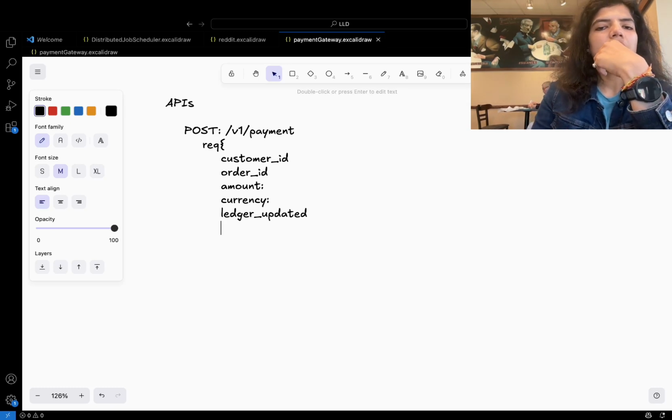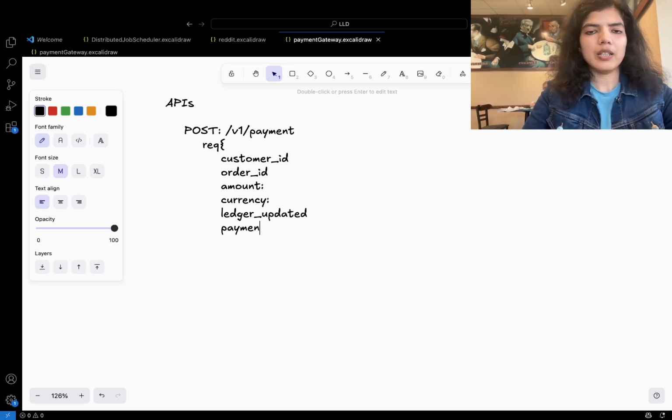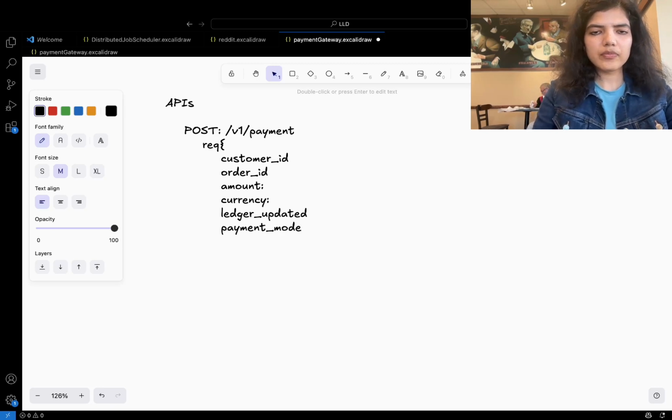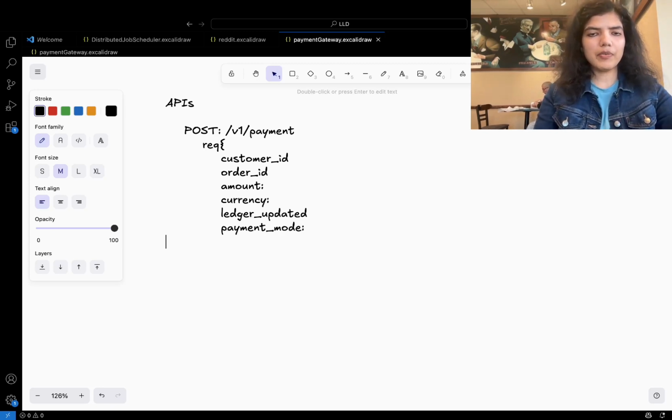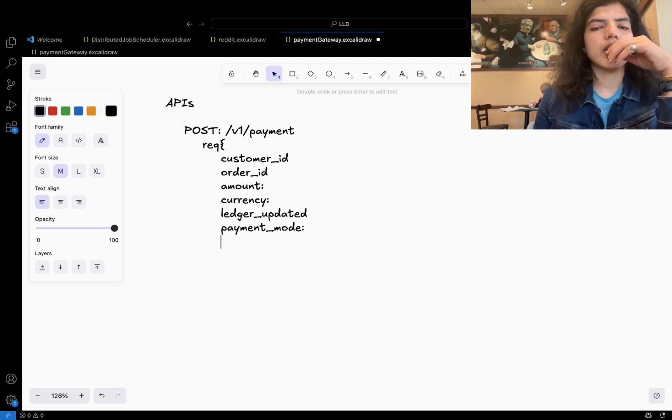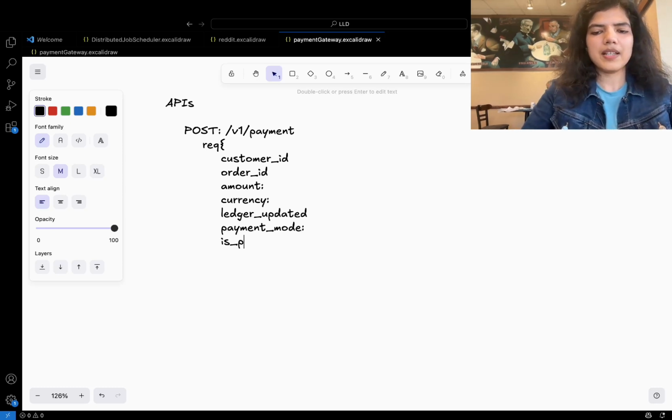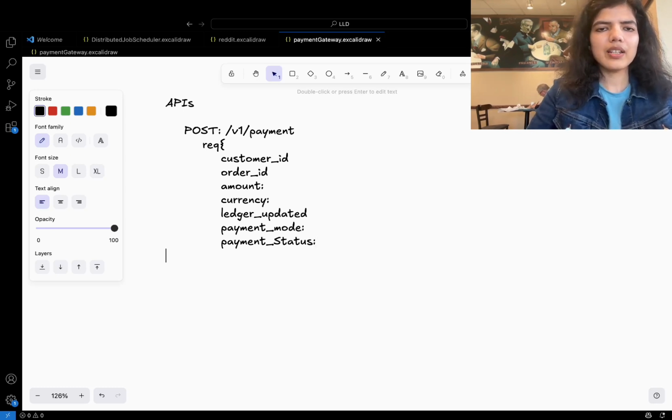Other than that, do we want to include anything else? One thing would be definitely the payment mode. What would be the mode of payment that we are performing? And what else? Is the payment successful, or are we going to talk about the payment status?